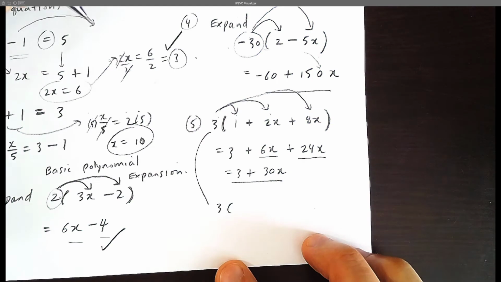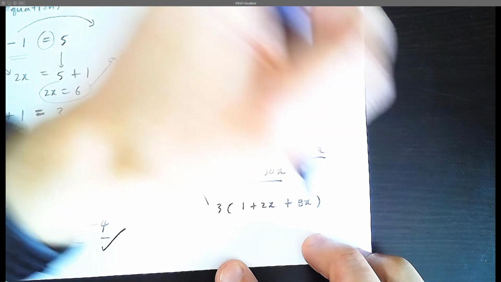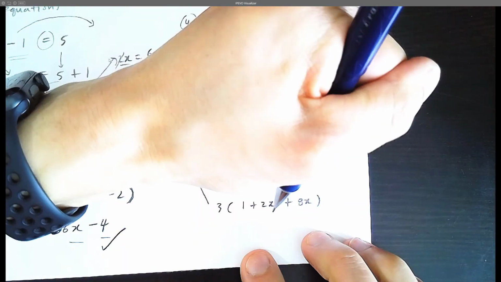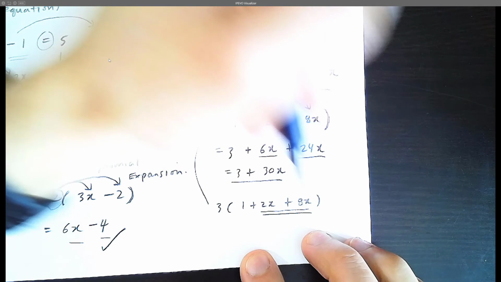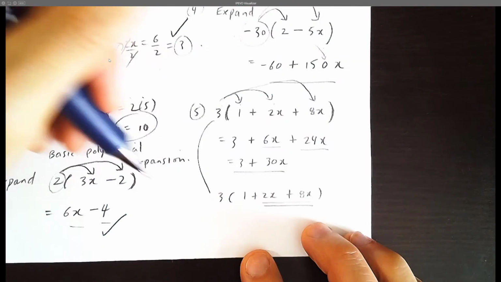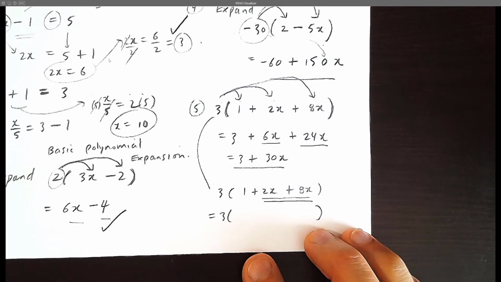So the original question was 3 bracket, 1 plus 2x plus 8x. So in math, you have some freedom to clean things up on the inside first. So we have this nice bracket here. You have the right to clean things up within the bracket. Simplify. So I'm going to leave this 3 in the big bracket alone. I'm going to leave this integer 1 all alone.